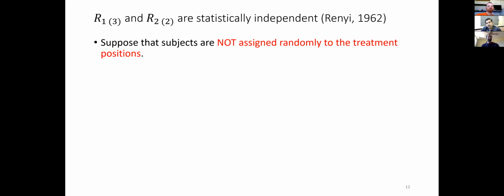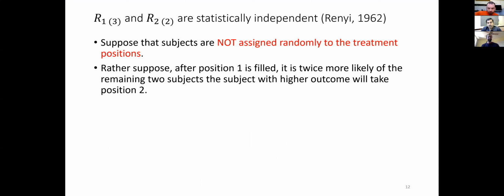Now suppose the subjects were not assigned randomly. If the assignment was biased, what happens? Suppose the treatment position was filled first. The designer first picked one of the three subjects randomly and put that subject into position 1, and then it was twice as likely that, of the remaining two subjects, the subject with the higher outcome would take position 2.